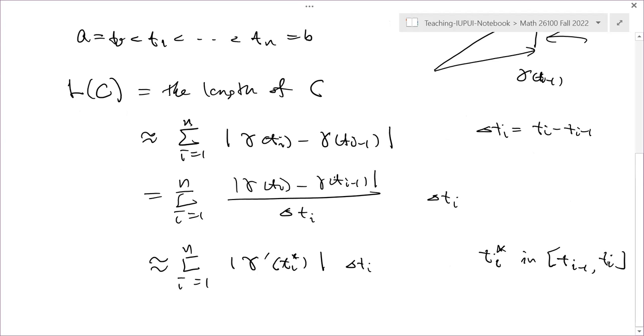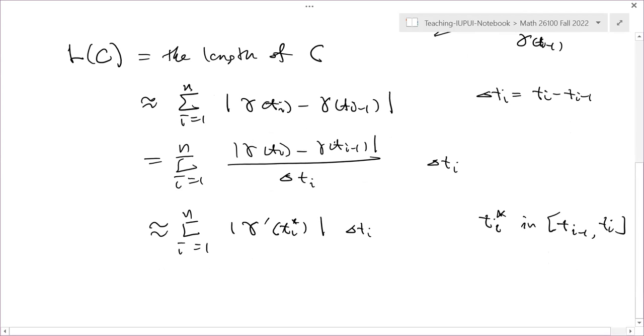This is called the mean value theorem. Given the difference of the function values at two endpoints divided by the size of the interval, it is going to be the derivative at some point.